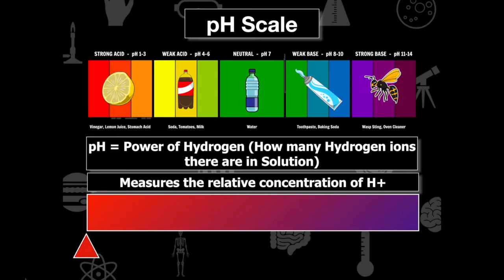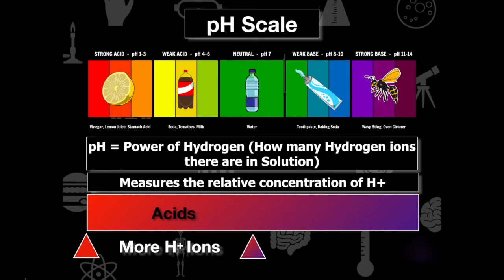So this measures the relative concentration of H plus ions. If we look at one end of the scale, the middle, and the other end, we see a couple of different things. If I'm towards the left of the scale, there are more H plus ions in solution than OH minus ions, so we consider these acidic solutions.